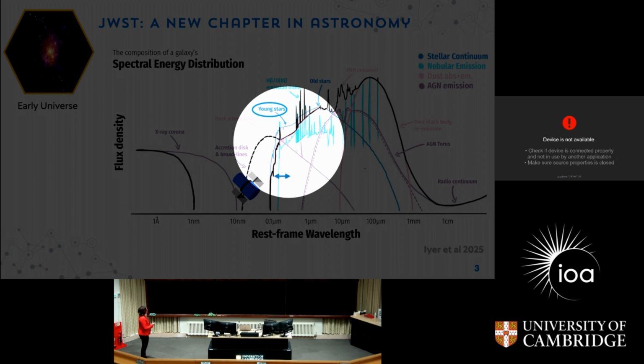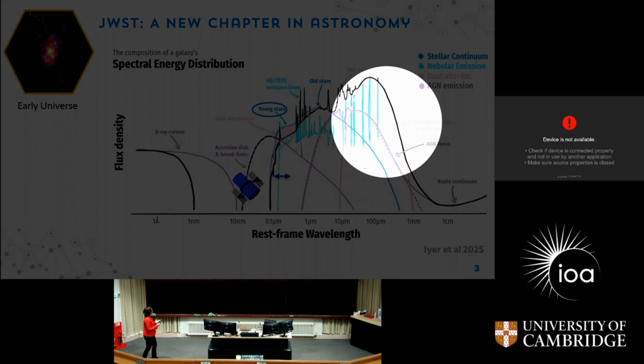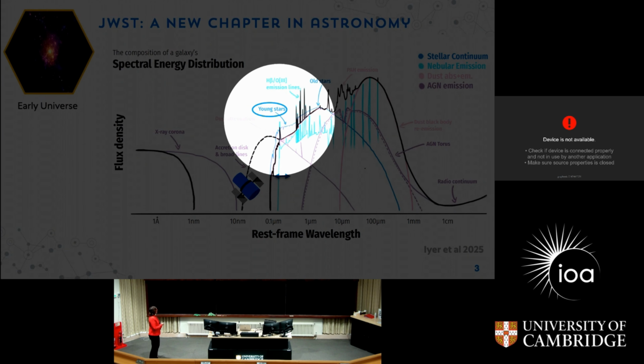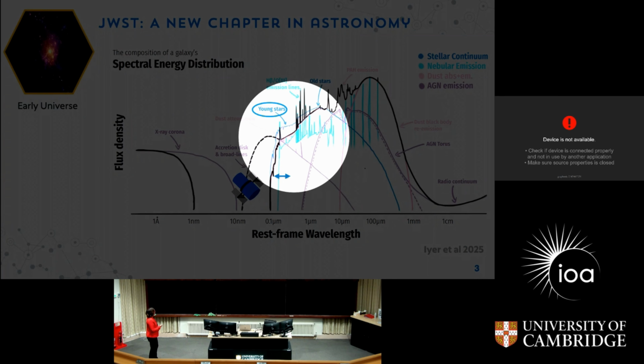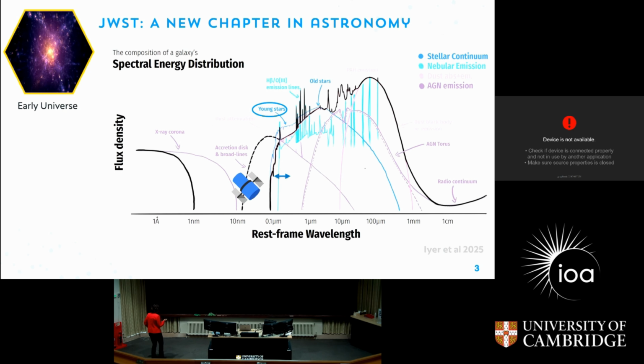You can see here the stellar continuum spectrum in blue and the nebular emission in cyan. We were only having access to the rest-frame ultraviolet light to study these early epochs. But now with JWST, we also get access to old stars and all the emission lines that we can use to study the physics of these early galaxies.